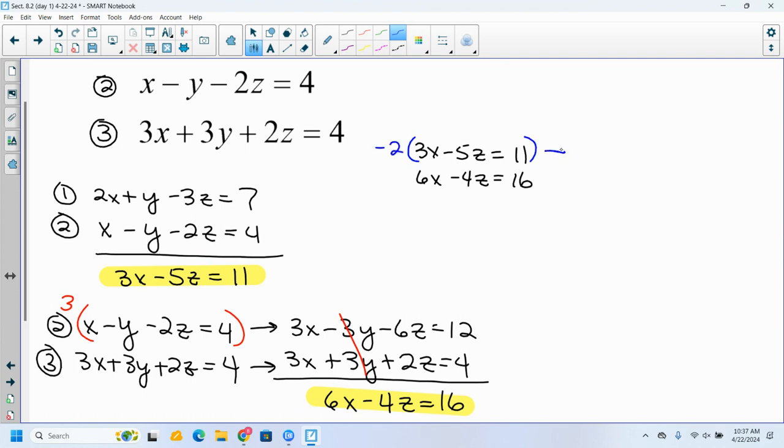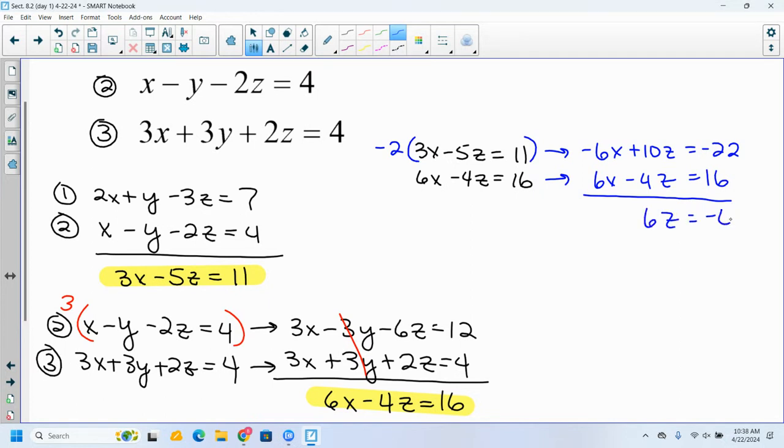I got enough room here. So we'll make that negative 6x plus 10z equals negative 22. That's 6x minus 4z equals 16. I got 6z equals negative 6. So I know z equals negative 1.